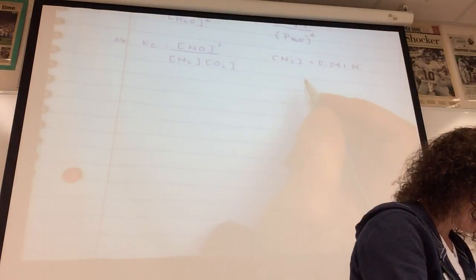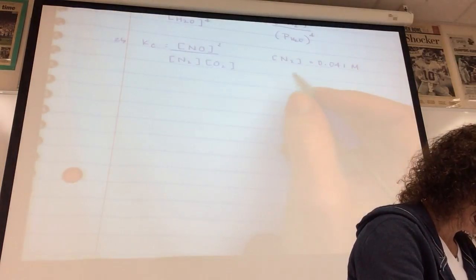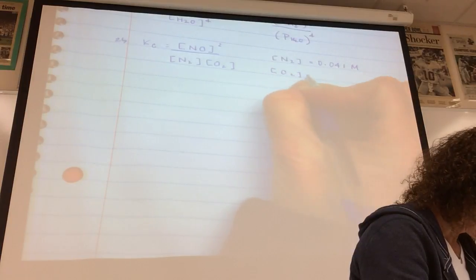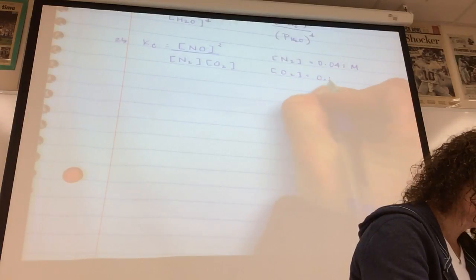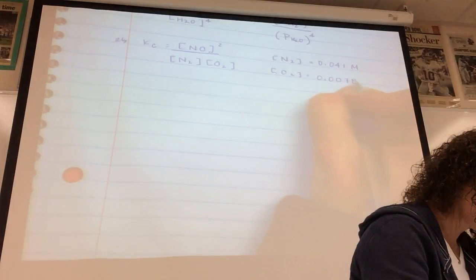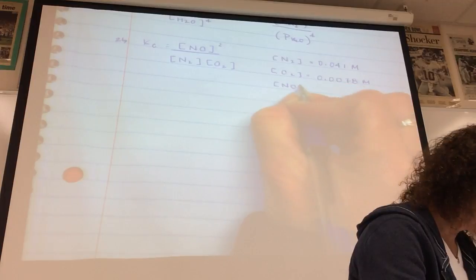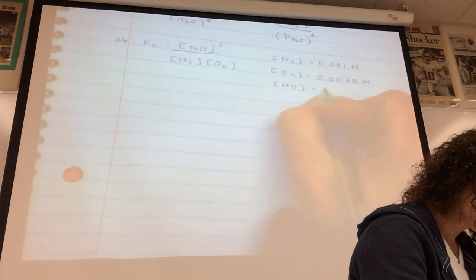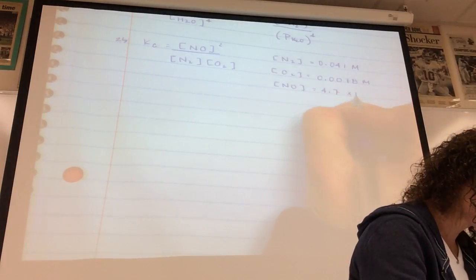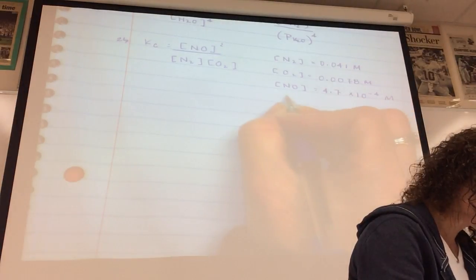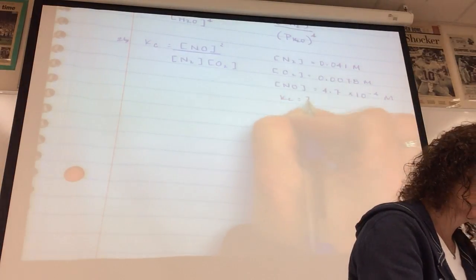And the concentration of oxygen gas is 0.0078 molar, and the concentration of nitrogen monoxide is 4.7 times 10 to the negative 4 molar, and we want to calculate Kc.